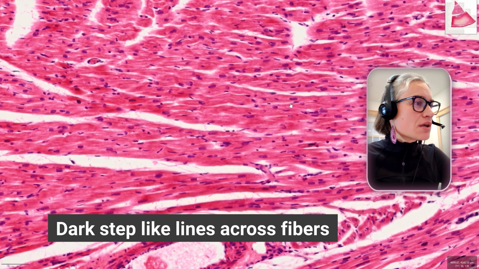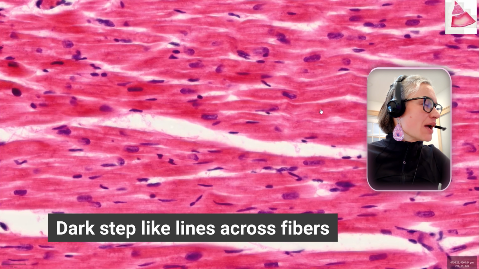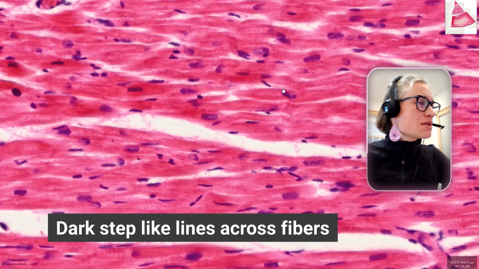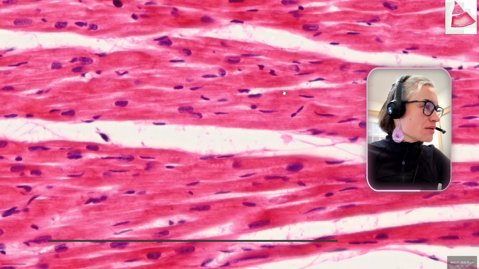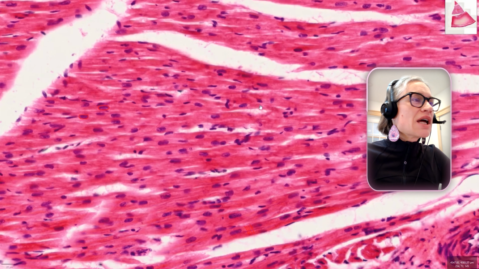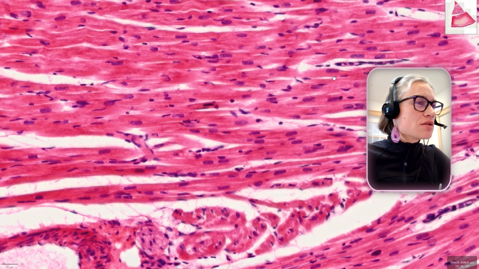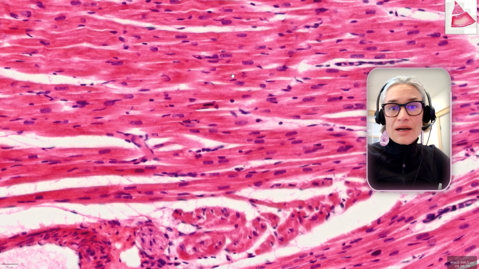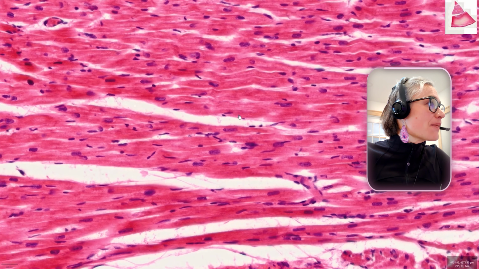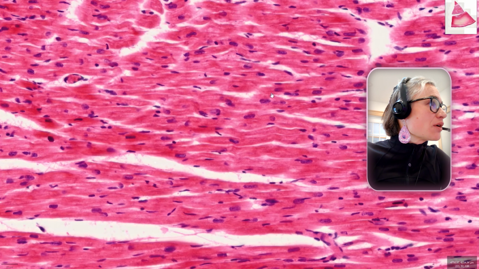Now let's find the intercalated discs. They're supposed to be dark step-like lines across the fiber. So let's see if we find any. And while I'm looking for them, they're basically the junction between the cardiomyocytes. Cardiomyocyte is the heart cell, a different name for a heart cell.